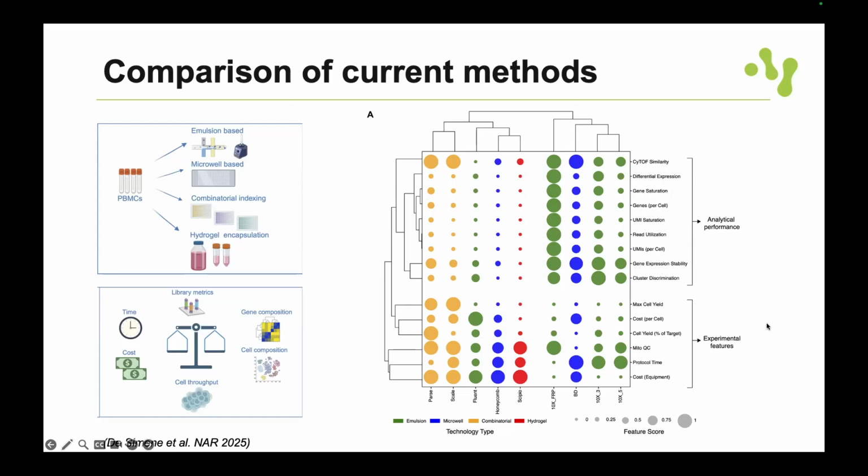And so they compared the 10x methods. I have not mentioned the one called FRP, or Flex is the commercial name. So it's actually a probe-based method, but I will come to that in the next slide. I will mention it as well.